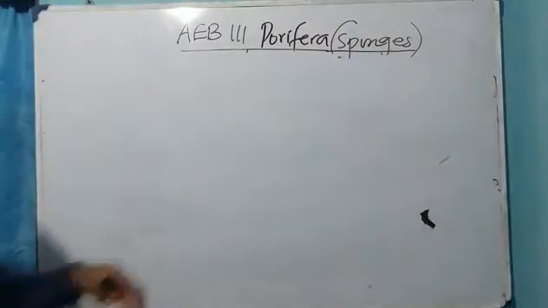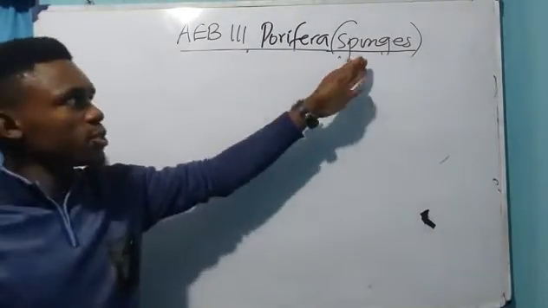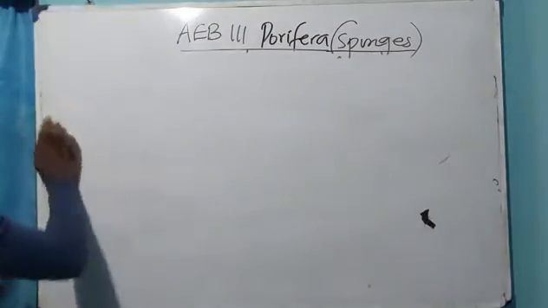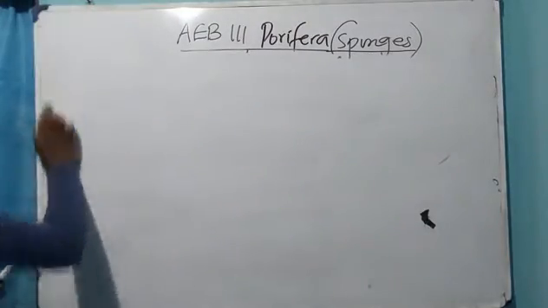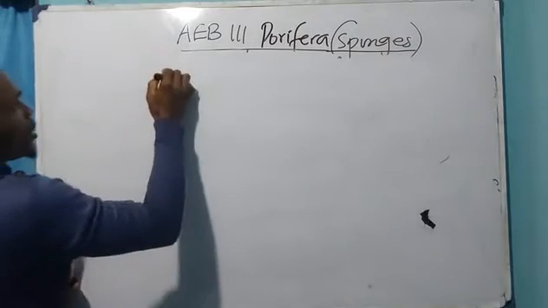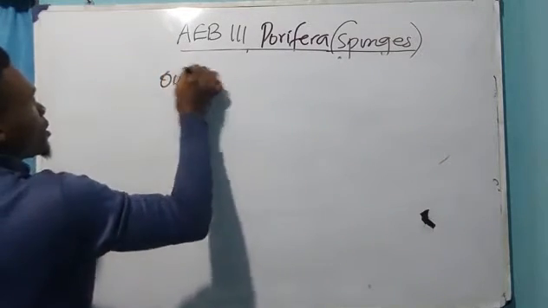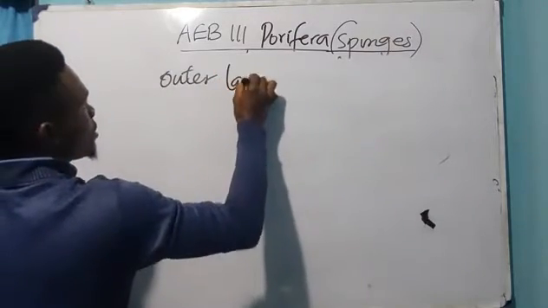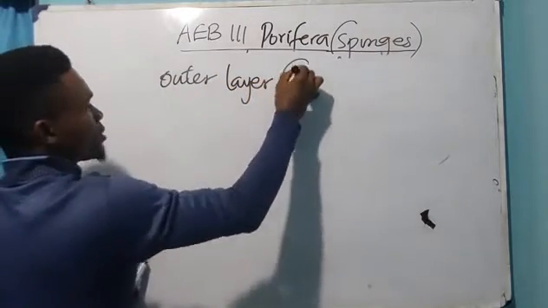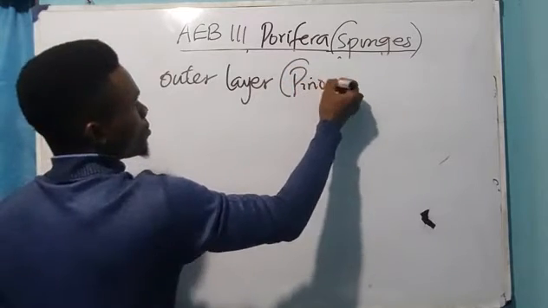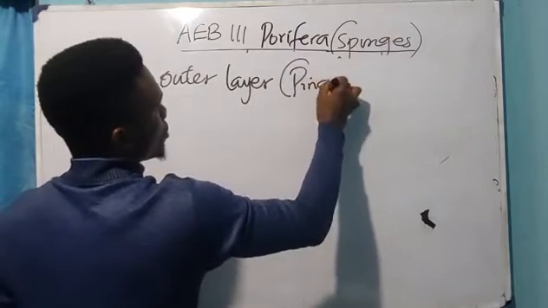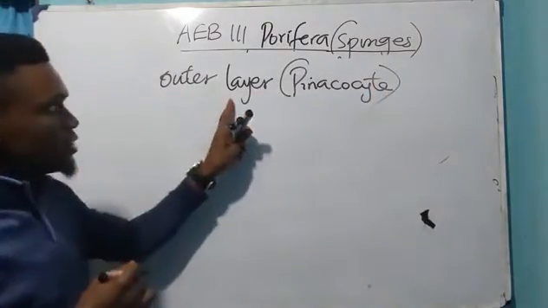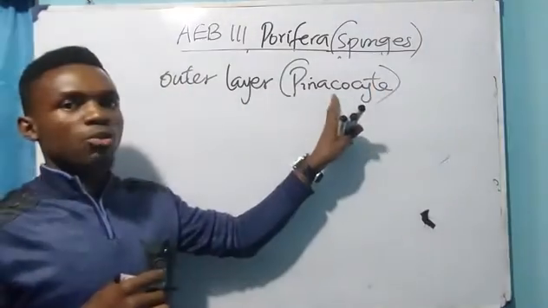Now, sponges have different cells. Before I go into that, let me tell you the body division of sponges. They have the outer layer. Now this outer layer is surrounded by what is called pinacocytes.